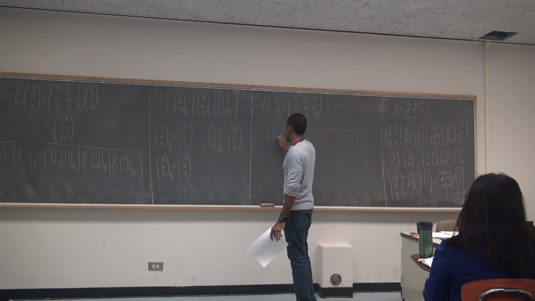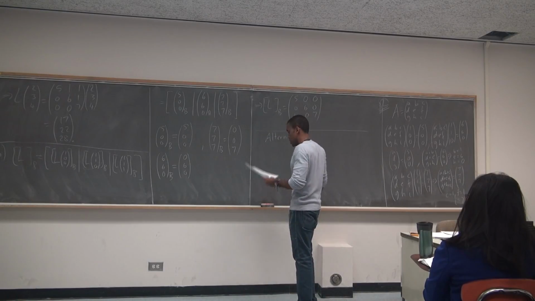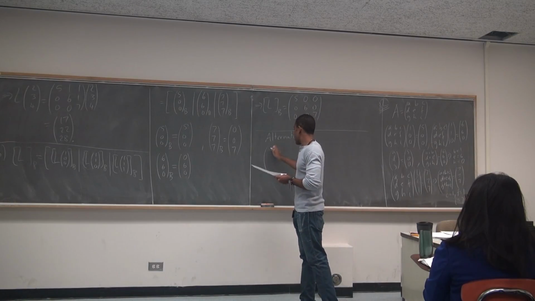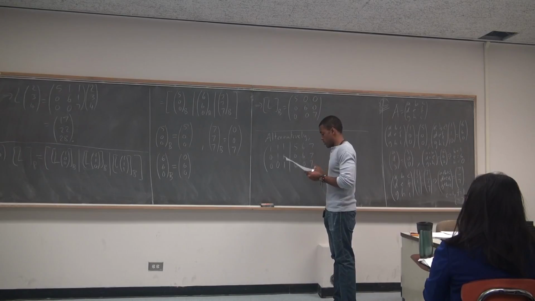Alternatively, again, you could just do a change of basis from the original basis vectors to what they changed to: 5, 0, 0, 6, 6, 0, 7, 7, 7.